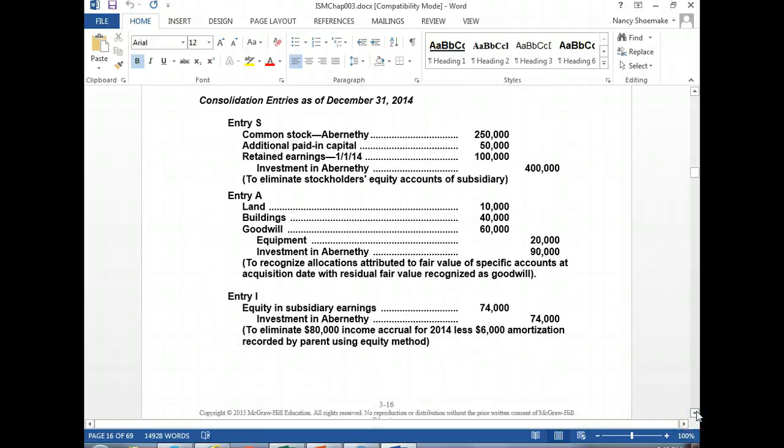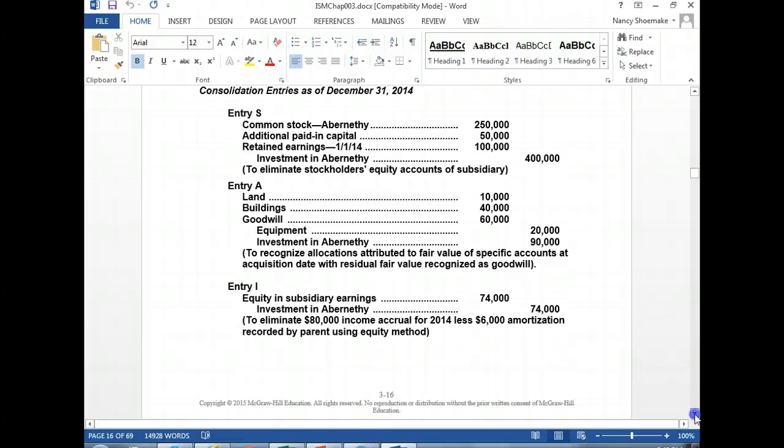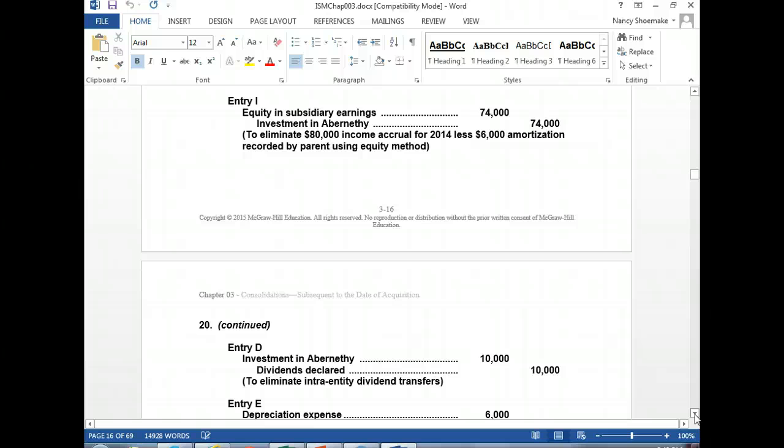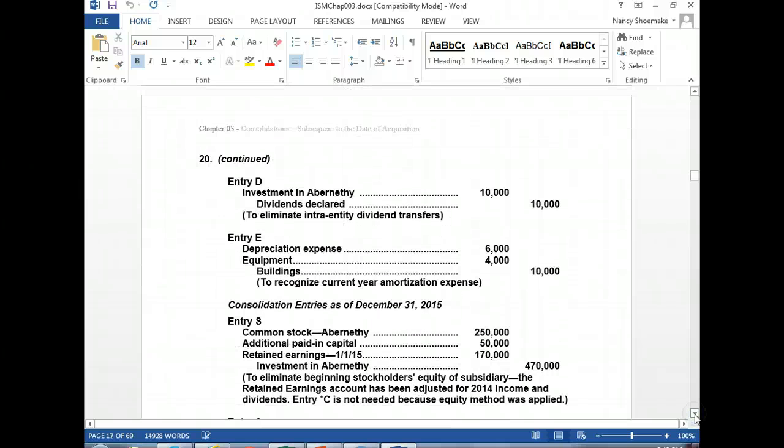The A entry allocates the various fair values to specific accounts. The rest goes to goodwill. The I entry gets rid of the income and any amortization. The D gets rid of any intercompany dividends. The E shows our allocation for each year.